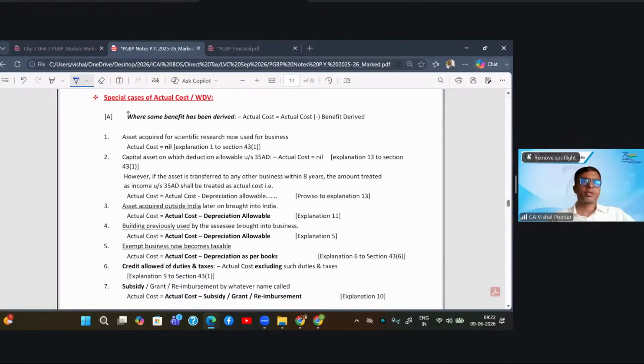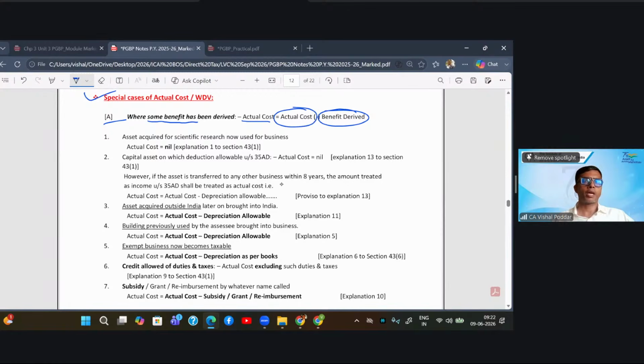Now, there are some special cases of cost of acquisition. So what are some special cases? I've categorized the different provisions into different categories for your easy understanding. Where you have derived some benefits for an asset or against an asset, then what will be the cost for you? It will be the actual cost minus the benefit derived.